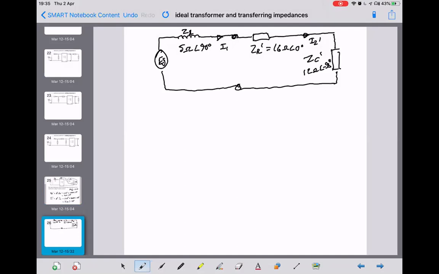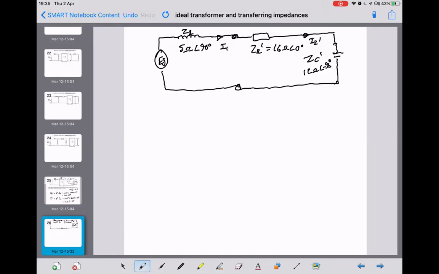You could draw it as a capacitor, it wouldn't matter. I had it as a capacitor on the other side, so really I should probably draw it as a capacitance.